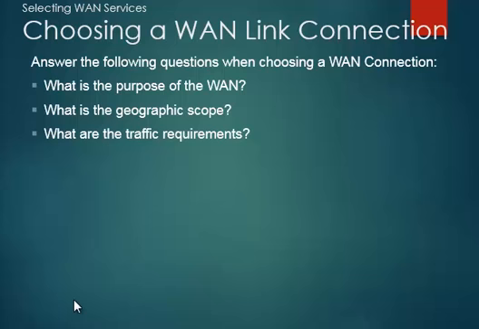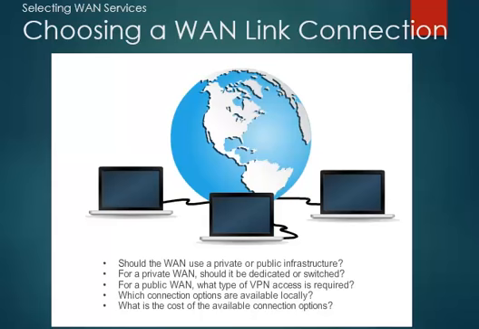In addition to gathering the information about the scope of the WAN, the administrator must also determine whether the WAN should use a private or public infrastructure. For a private WAN, should it be dedicated or switched? For a public WAN, what type of VPN access is required? Also, which connection options are available locally? And finally, what is the cost of the available connection options?